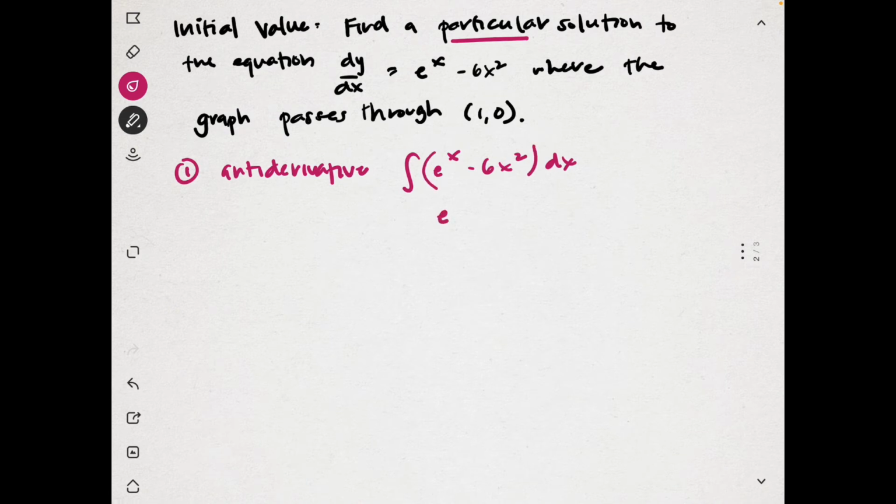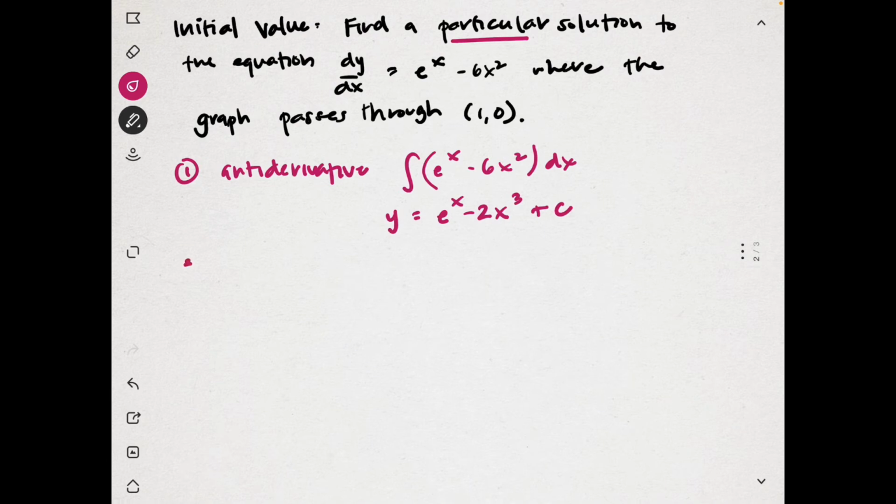Right, so e to the x is itself, we're going to use the power rule on negative 6x squared, so that's going to be negative 6x to the third divided by 3, so that's negative 2x cubed. Then we're going to put our plus c, and we're going to say y is equal to that, right, because the antiderivative of dy/dx is just y.